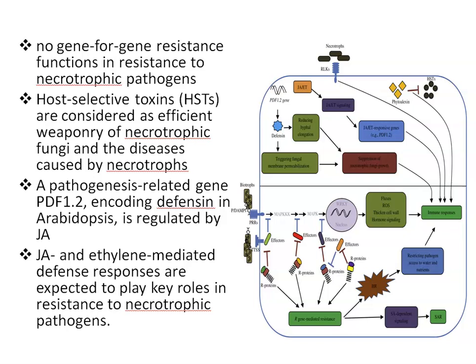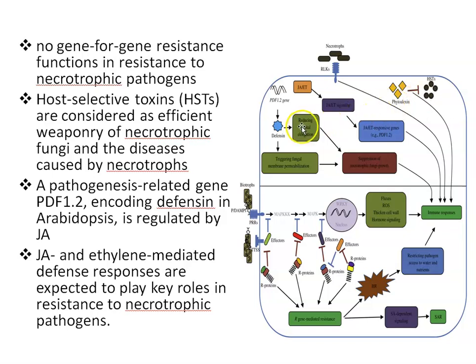So just look at this diagram. Here you can see RLKs. These are receptor-like protein kinases present on the surface of the cell, and they recognize the necrotrophs. Then HSTs, host selective toxins, are considered efficient weaponry of necrotrophic pathogens like fungi.